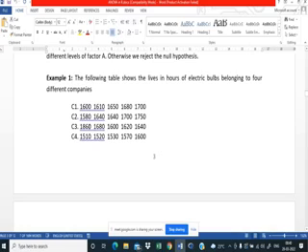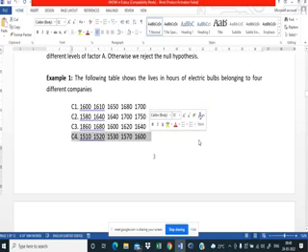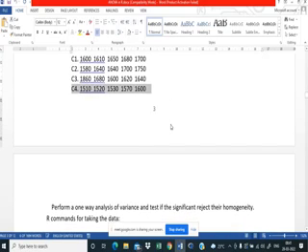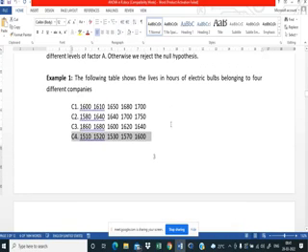There are four companies which are making electric bulbs, say maybe CFL bulbs or LED bulbs, and this is the time for which they can give light, measured in hours. These are the four companies, C1, C2, C3, C4, and we have taken 5 bulbs from each of the companies, and we let them run till they went out of power.